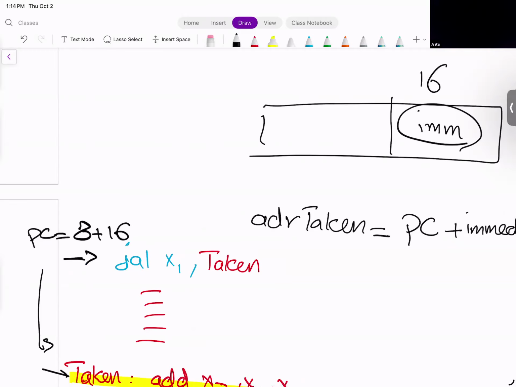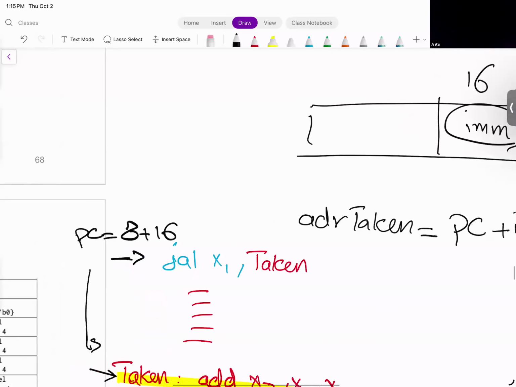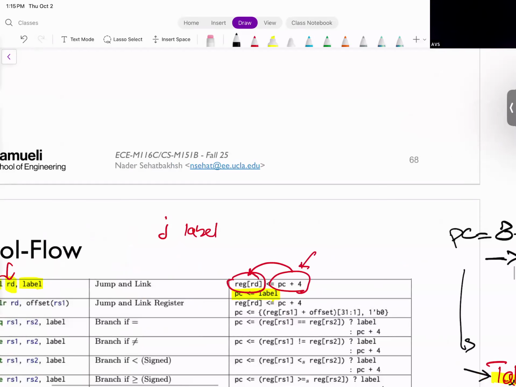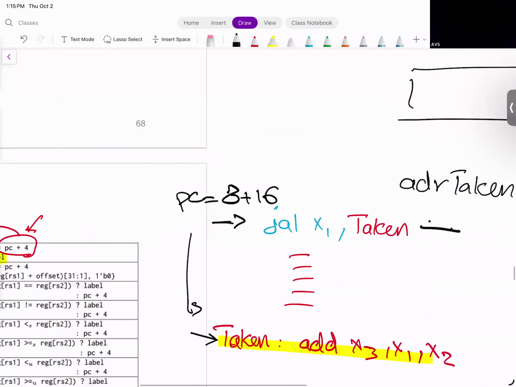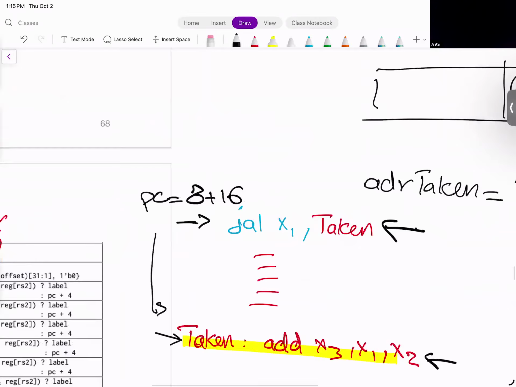If the target is 4 instructions away, then you go there. So what I'm trying to say is that there is a difference between the way you write it in assembly language and the way it's actually implemented in hardware. In hardware, we map this as an immediate value, which means we need to compute the distance between this instruction and this instruction. And that would be the immediate value that you put there.